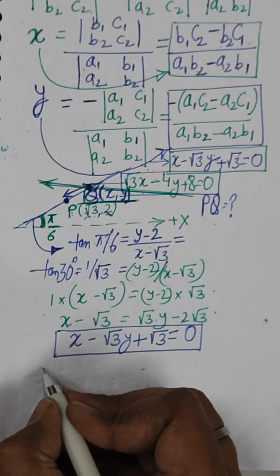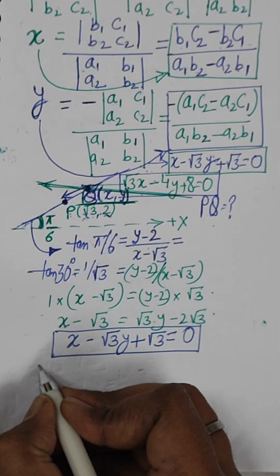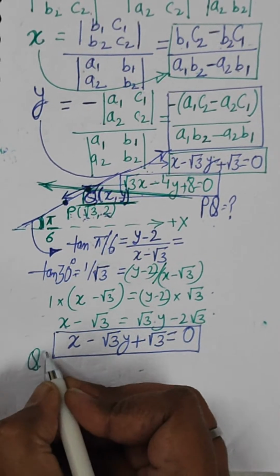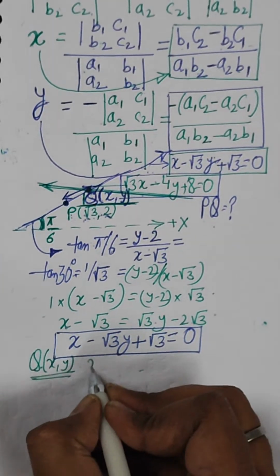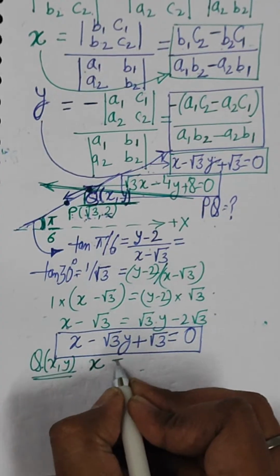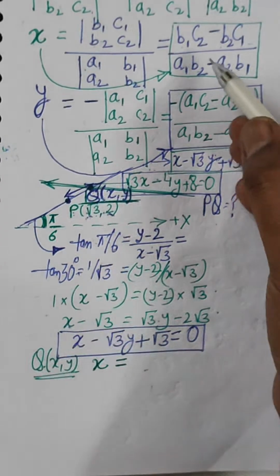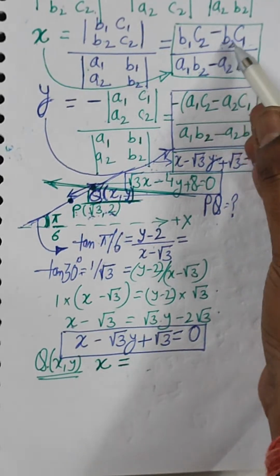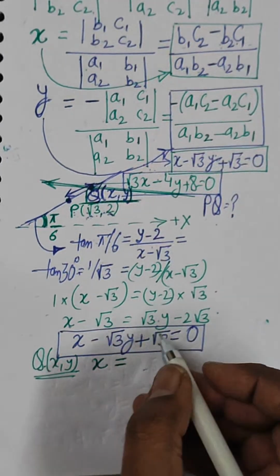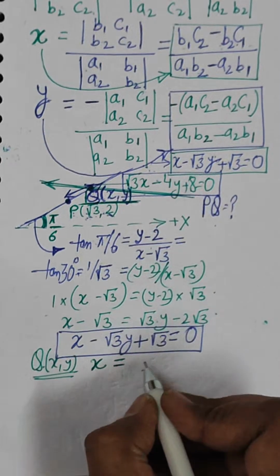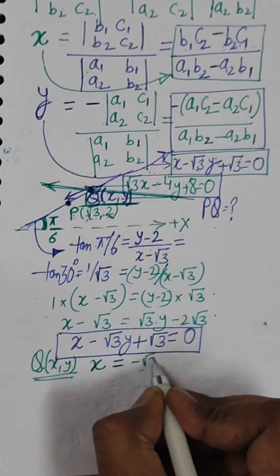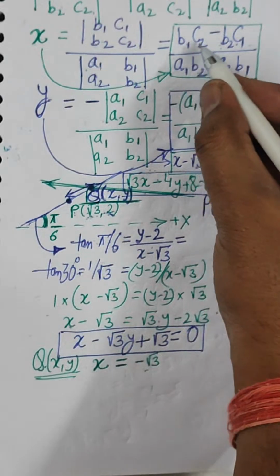Just apply Cramer's rule, and here the point of intersection Q, having coordinates x and y, can be calculated. x is equal to b1 c2 minus b2 c1, right? So b1 is minus root 3, so it is minus root 3 into c2.